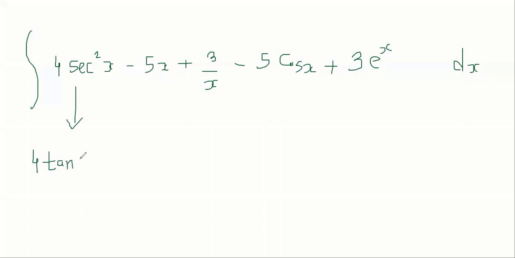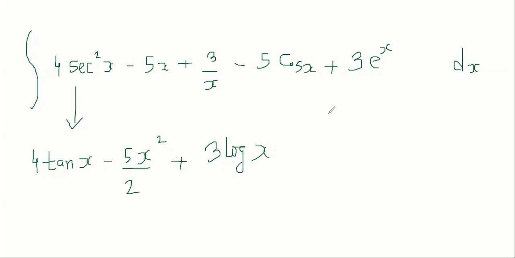Right, Tushar? Then minus 5, ऐसे लिख देते हैं. What is integration of x? X square by 2, क्योंकि x to power n plus 1 by n plus 1. Plus 3. What is the integration of 1 by x? We know it is log x. So log x. Very good, Tushar.